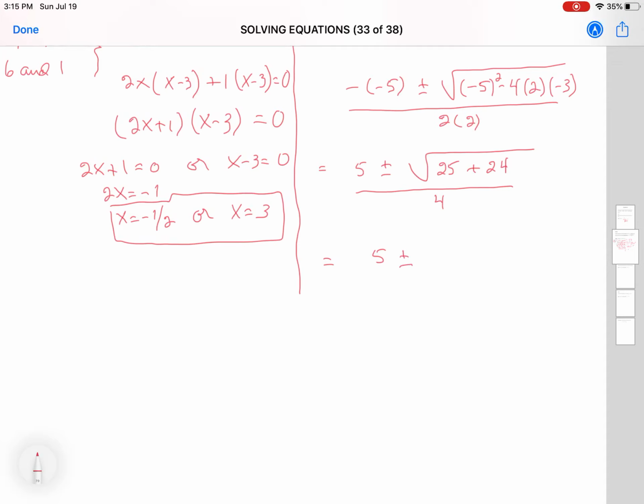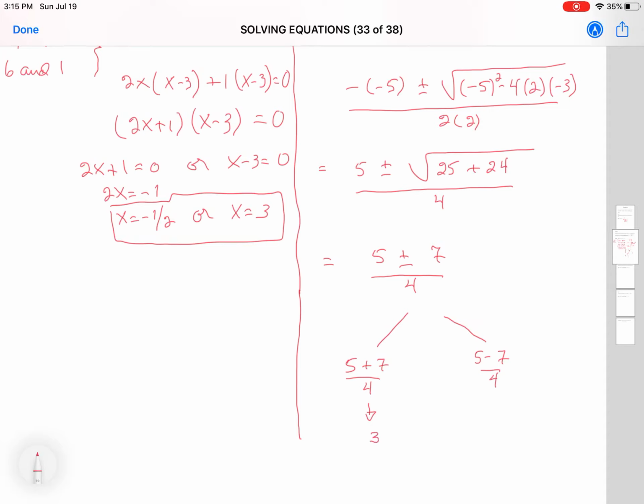So that's 5 plus or minus the square root of 49. What's the square root of 49? Yeah, you know that. It's 7, all over 4. So that means that I have two answers. Yes, I have one with a plus and one with a minus. So 5 plus 7 over 4 and 5 minus 7 over 4.